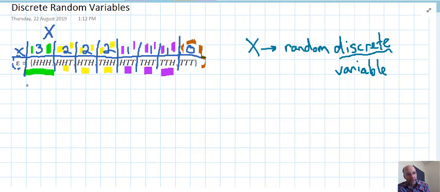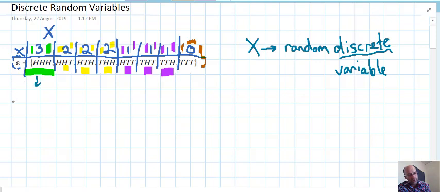Now back here we've got 8 possible outcomes: 1, 2, 3, 4, 5, 6, 7, 8 ways of this happening. That's the entire sample space, 8 outcomes. And so for our probabilities, when the random discrete variable is equal to 3, that's 1 out of 8. These are all equally likely too. We know that from our previous work on probability.